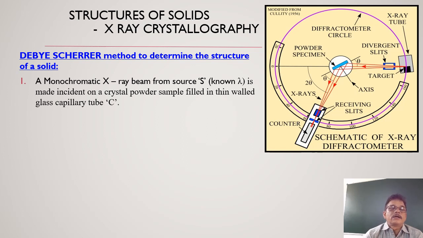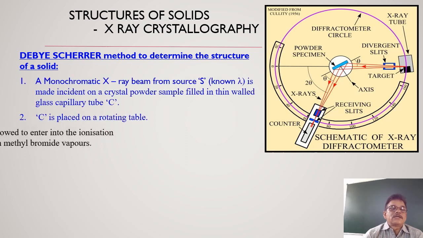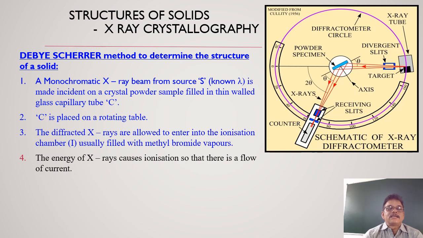Here, in the process, a monochromatic X-ray beam from source X is made incident on the crystal powder sample filled in a thin-walled glass capillary tube C. What is meant by monochromatic X-rays?